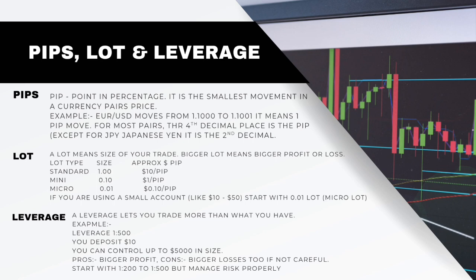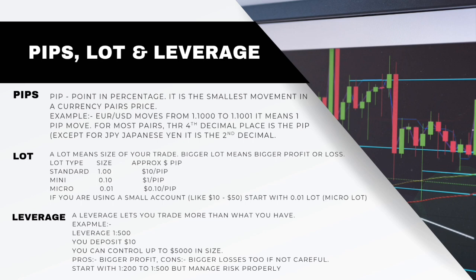You are risking $10 per pip. The mini lot is 0.10 size. You are risking $1 per pip. The micro lot size is 0.01, and you are risking $0.10 per pip. That is, you are risking 10 cents per pip.